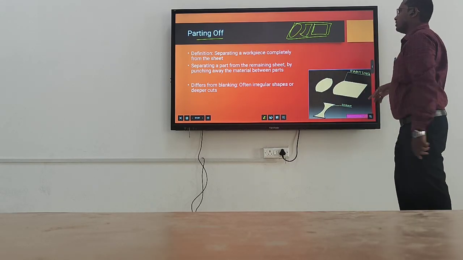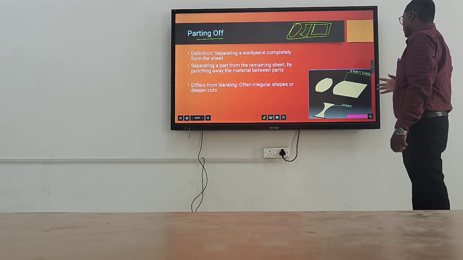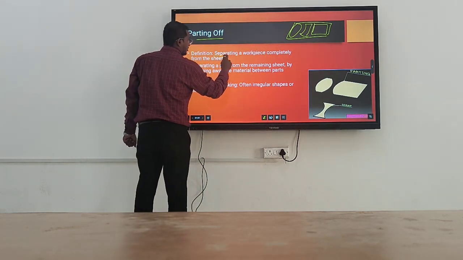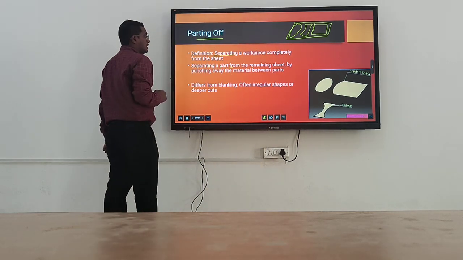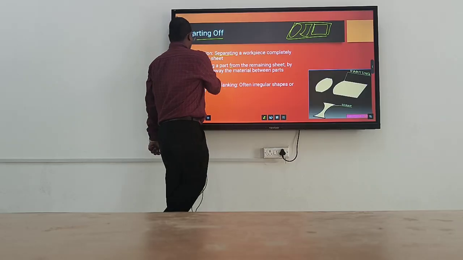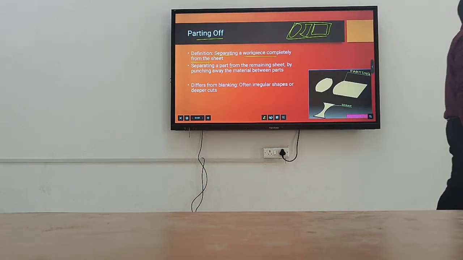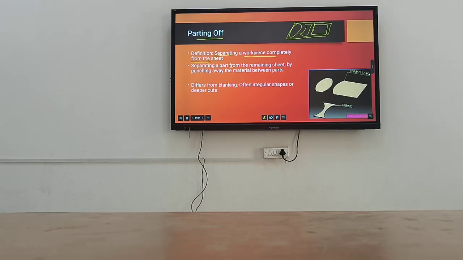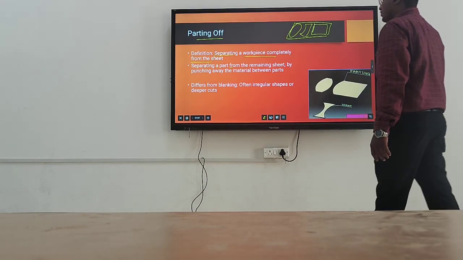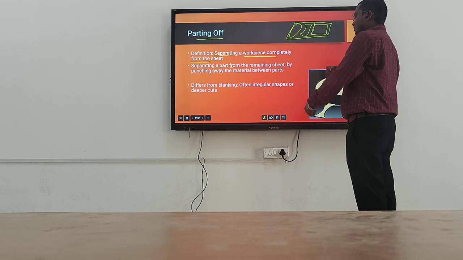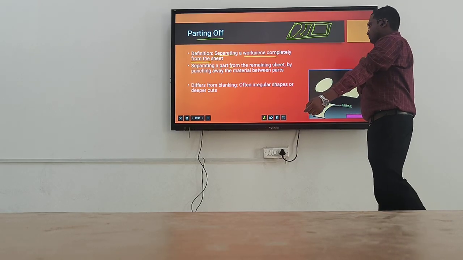Whatever we cut, the workpiece is completely separated from the sheet. It will be completely separated from the sheet. Okay.